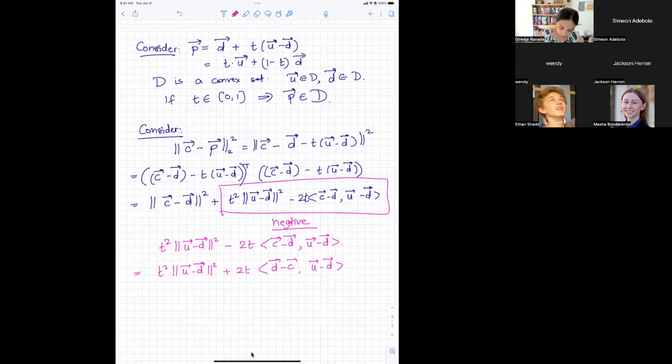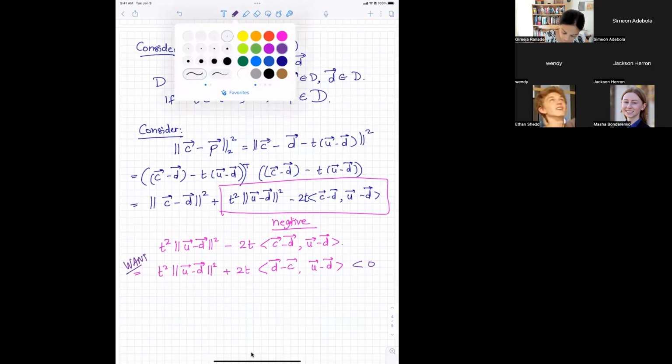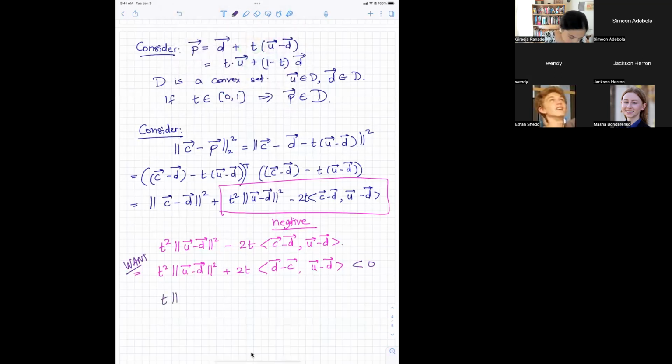I want this whole thing to be negative, okay? I've already restricted my T to be greater than 0, so I can just cancel a T and rewrite this as T times U minus D whole squared plus 2 times the inner product of D minus C and U minus D. And I want this to be less than 0.